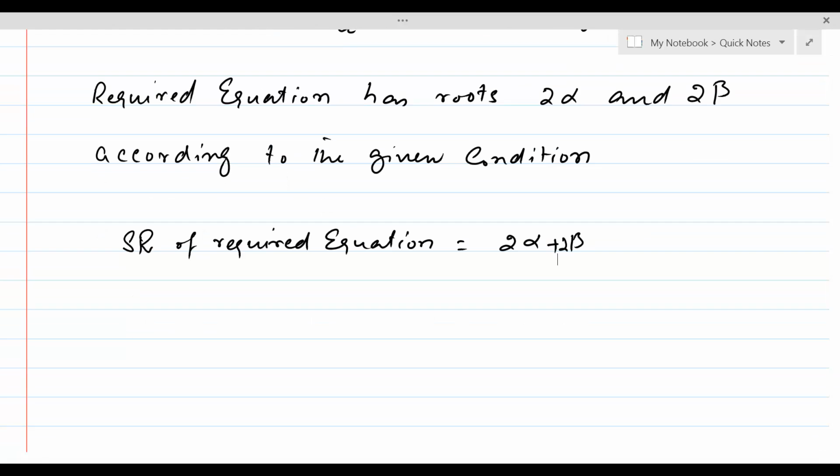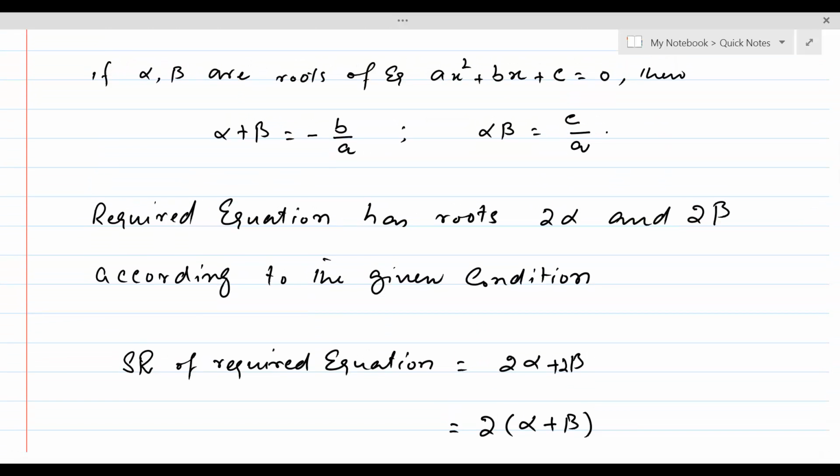And if that is the case, we can take 2 common and we have alpha plus beta, but we know the value of alpha plus beta from equation number 1, and we also know the value of alpha into beta from equation number 2.